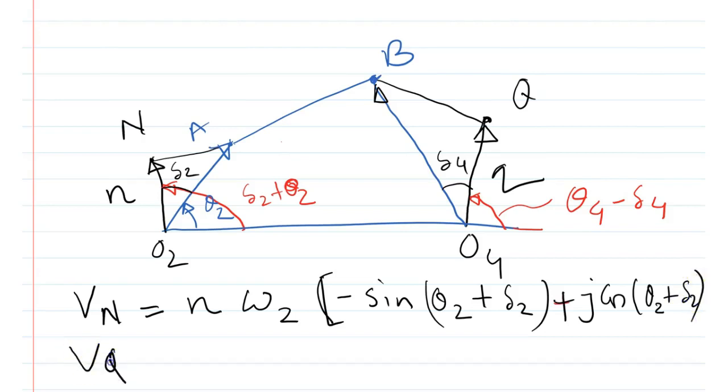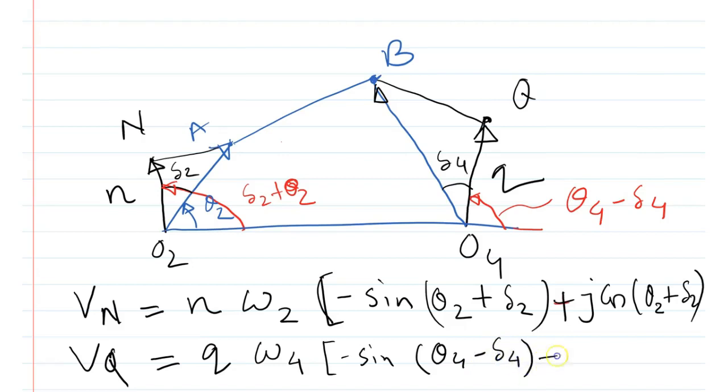For the Q point, we can write the linear velocity of point Q as the length of this vector, which is Q, times the angular velocity of this link, which is link 4, omega 4, and the angle should be theta 4 minus delta 4, negative sin(theta 4 minus delta 4) plus j cos(theta 4 minus delta 4).